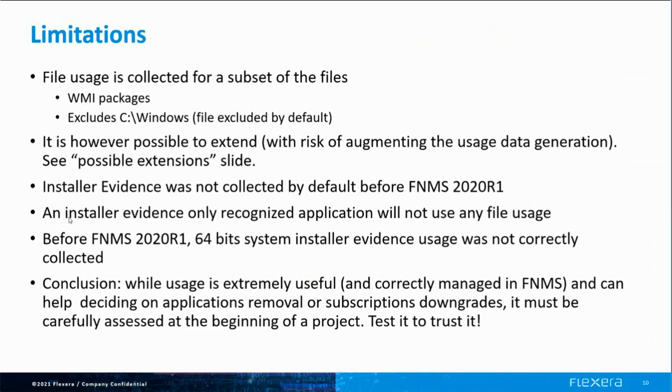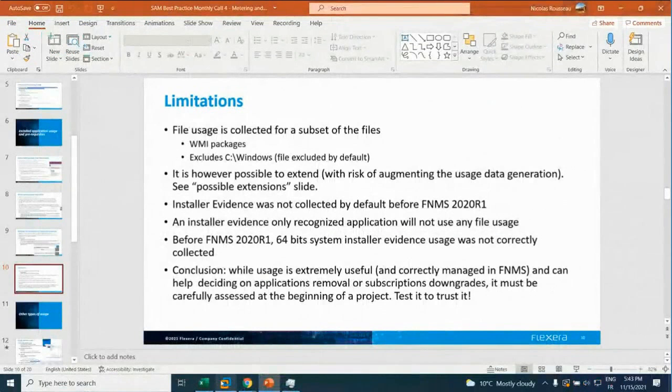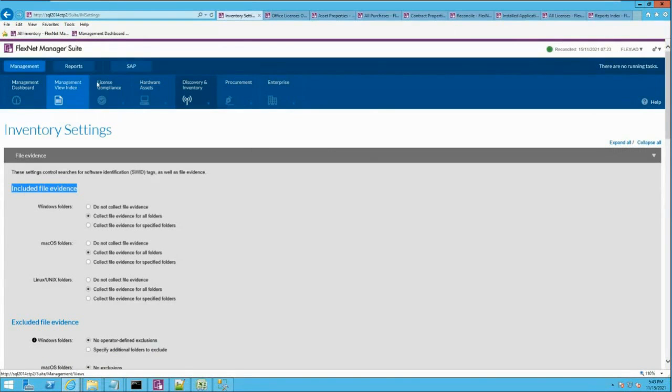So that's one thing. If you have a critical application you want to track usage on, check in the application recognition which are the file and installer evidences.